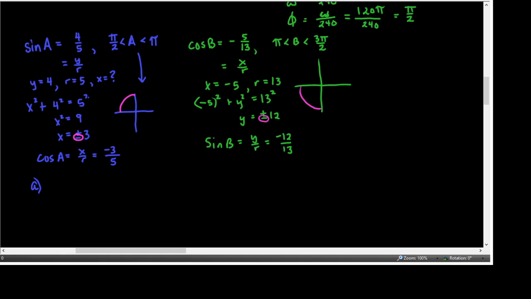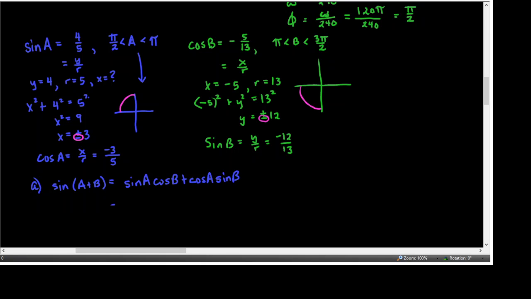So let's look at the first one, A. Sine of a plus b. So that's sine of the first, cosine of the second, keep the sine, cosine of the first, times sine of the second.